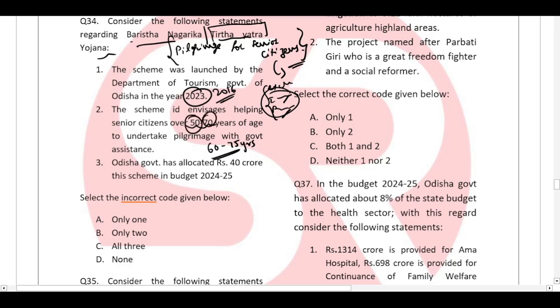Even if you read this very clearly, it says 50 years. What senior citizen is at 50 years? So the age group is 60 to 75 years, and this statement is also incorrect. The Odisha government has allocated some 39 crores and not 40 crores. So this was also incorrect. The question is asking which of the following are incorrect. So all three are incorrect. Hence option C is the correct option.